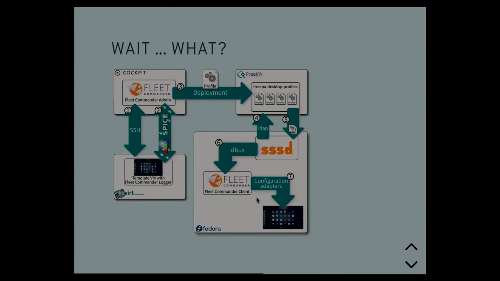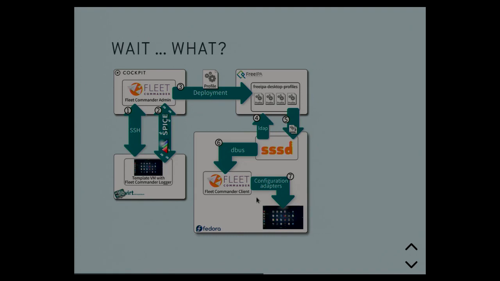When you click on the review button, you have the list of all the changes that the logger was reporting all the time. You just select them, and when you click Save profile, that information is stored in the FreeIPA Desktop Profiles plugin that was written specifically by Alexander Bokovoy for FreeIPA.